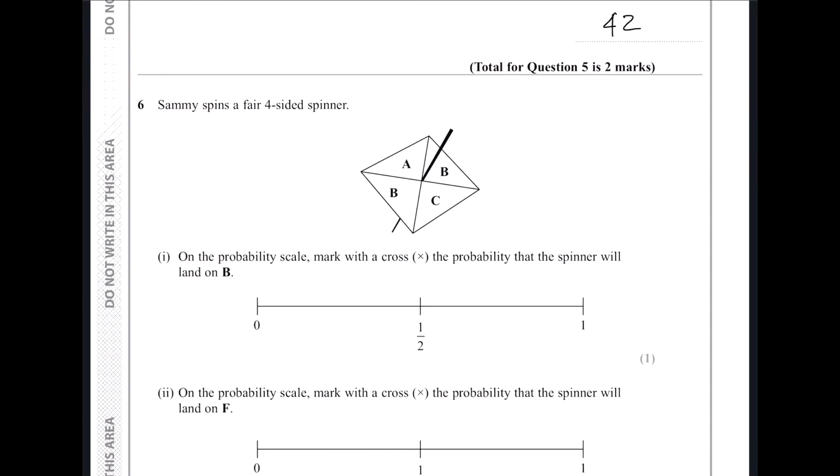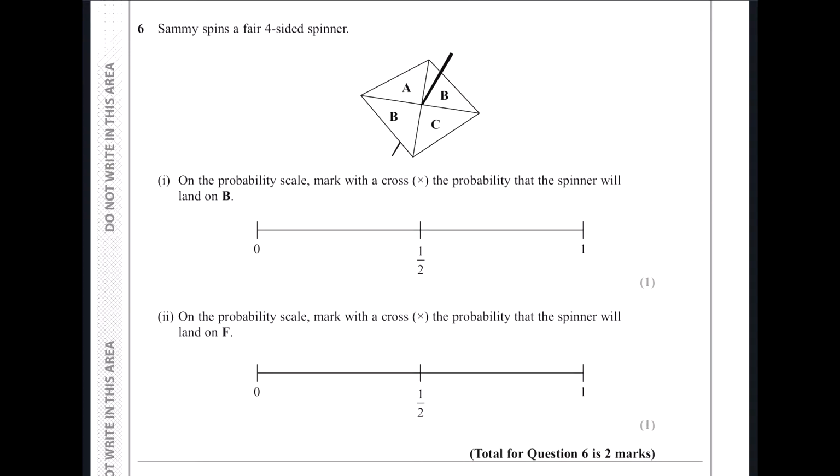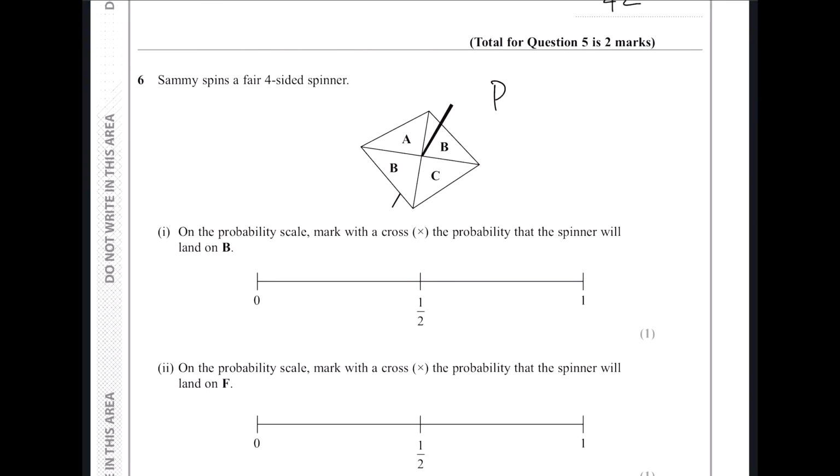Next one, Sammy spins a fair 4-sided spinner. What's the probability that it will land on B? Well, remember, probability is what you want over the total. This is roughly how I remember it.